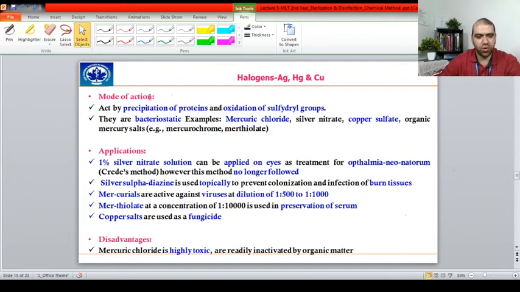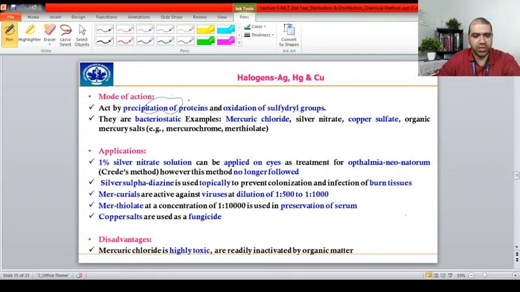Now, talking about their mode of action, as compared to the other chemicals, most of them either coagulate the proteins, or they add alkyl groups to them. Same in this case, it precipitates the proteins.